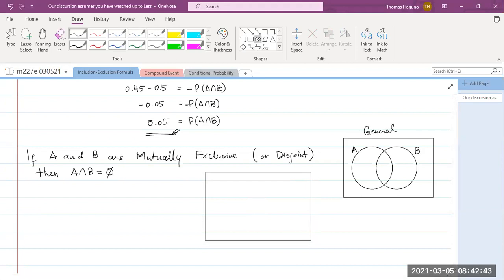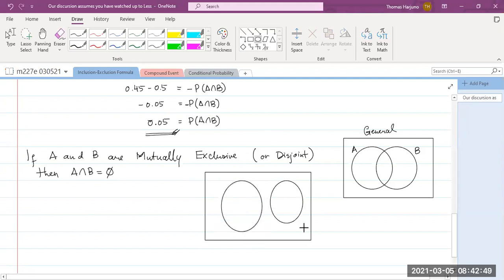But if A and B are mutually exclusive, it means they don't intersect. They don't have anything in common. So because the intersection is empty, consequently, the probability of the intersection is 0.